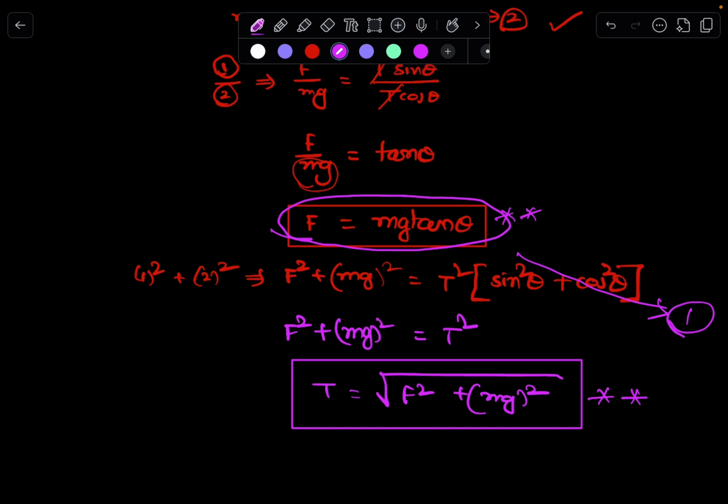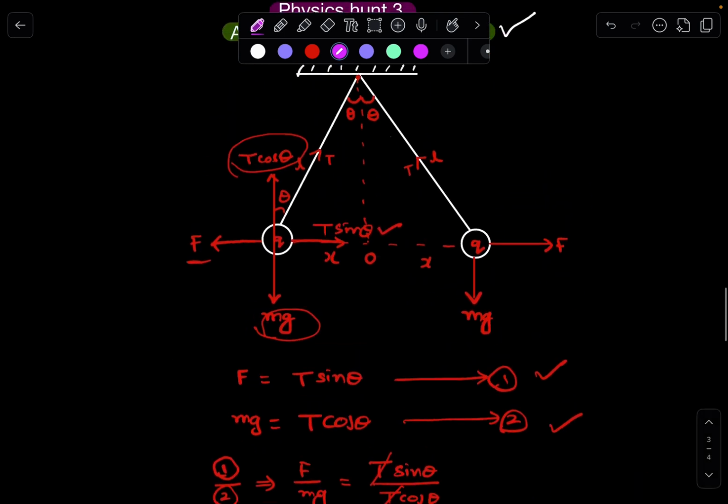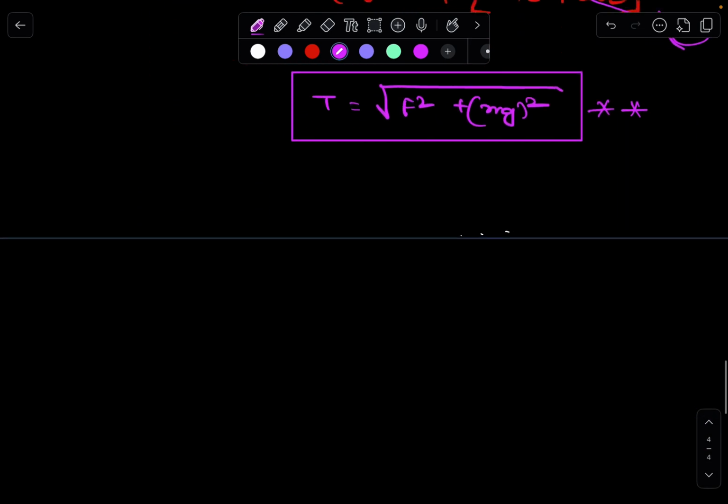Before that, look at this diagram carefully. We have two charges, right? These two charges are separated by a distance x plus x, that is 2x. According to Coulomb's law, what is Coulomb's law?